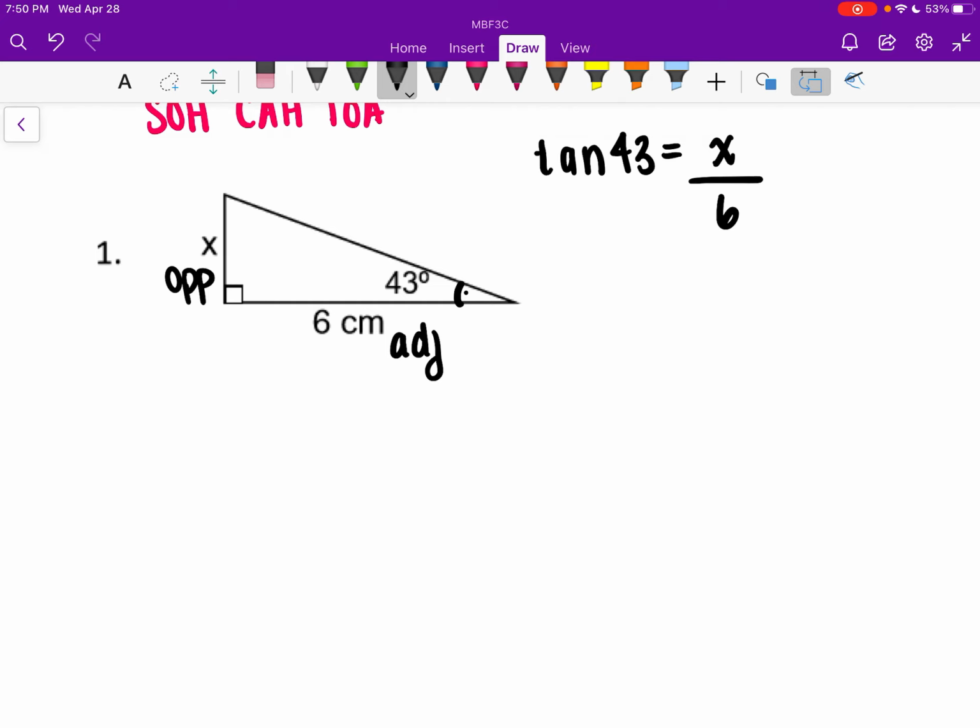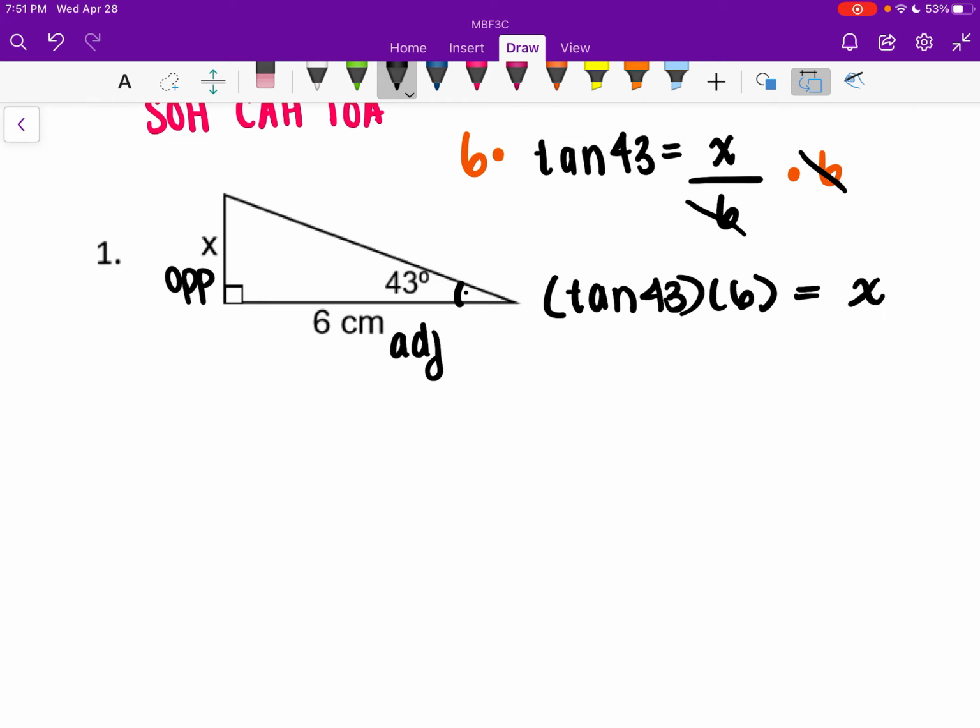So then I'm just going to go in and do my math. I'm going to get rid of the 6 on both sides by multiplying both sides by 6. Right, so then I'm going to have 6 times tan 43, right? So tan, and you don't have to rewrite this step out. I just like to have everything all neat and clean, is equal to x. So let's do that. Tan 43 is going to be like 0.932515086.